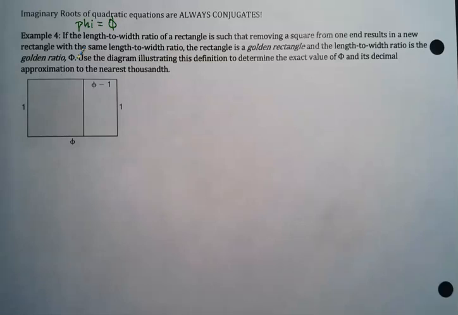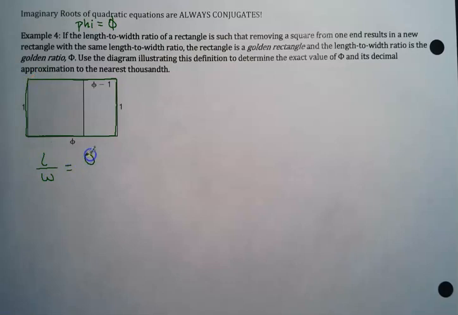Okay, so let's make some sense of this. Okay, it says if the length to width ratio of the rectangle is such that removing a square from one end results in a new rectangle with the same length to width ratio. Okay, so our first rectangle is here, right? And we're talking a length to width ratio.